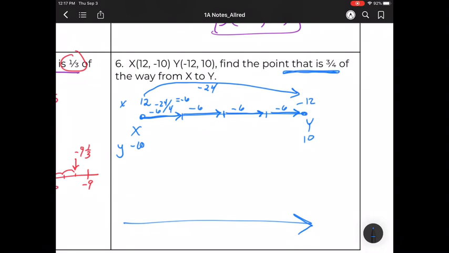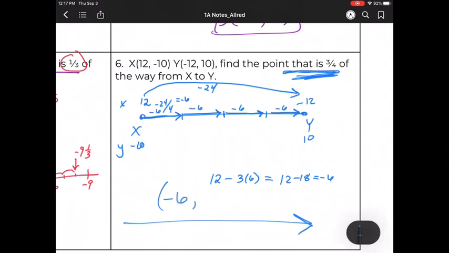So if I take 12 and I subtract 6 three times, I'll write this down here, minus 3 6s. That's like 12 minus 18, which is negative 6. So the x-coordinate of my point that is 3/4 of the way from x to y is negative 6.